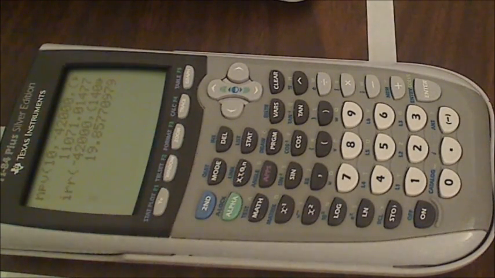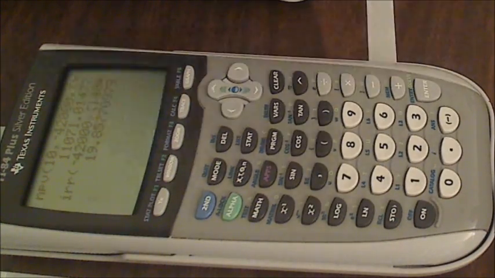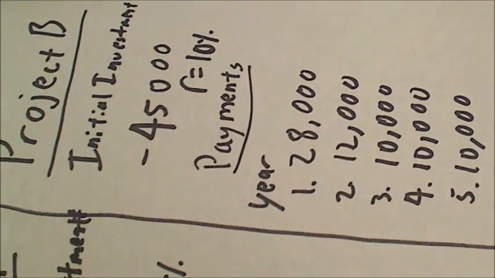So for Project B, this is how we would want to do it. For Project B, the initial investment is, again, negative 45,000, like I've shown you before. The rate is 10%.